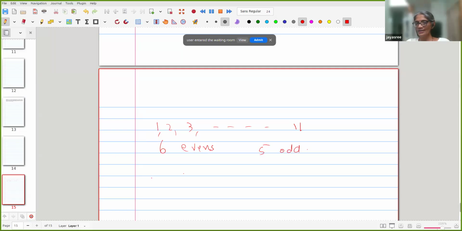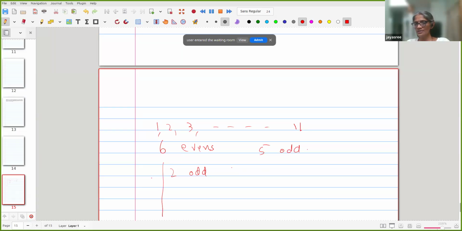Now, we could take 2 odd numbers. If we take 2 odd numbers, we take them away and write their difference, so the difference is going to be even.